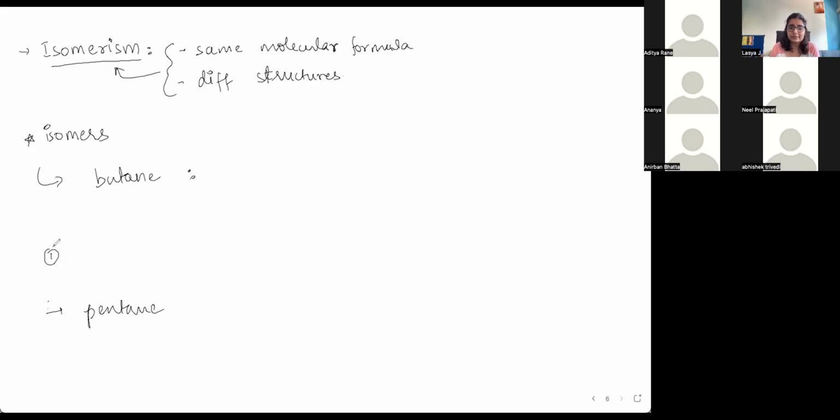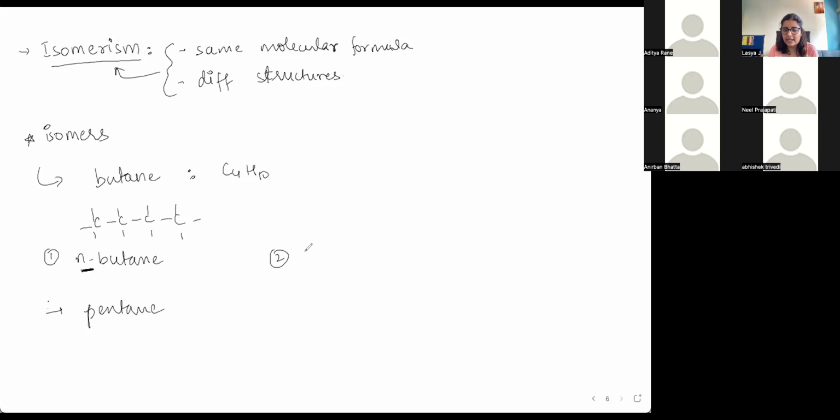So you have n-butane and isobutane. These are common names again. Whenever you come across the prefix n, it stands for normal. So all the 4 carbon atoms, butane is C4H10, are in a single straight line, and the rest is filled up with hydrogens.